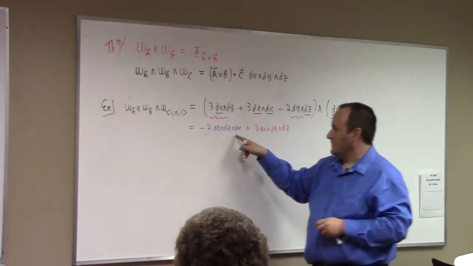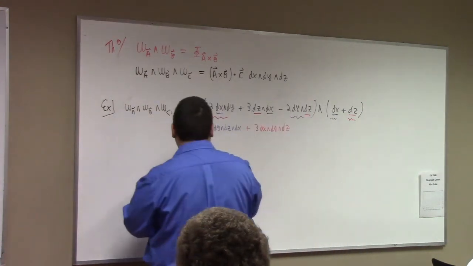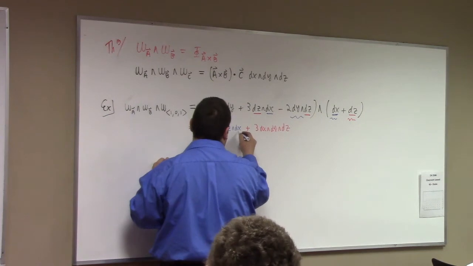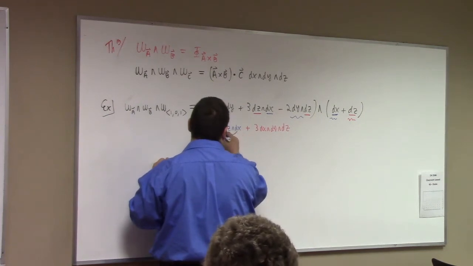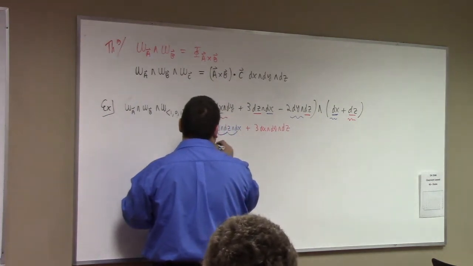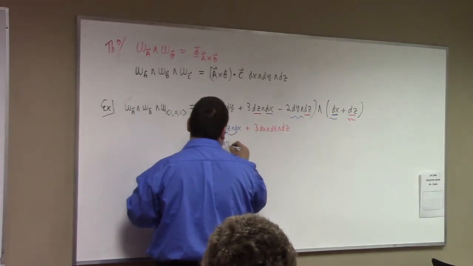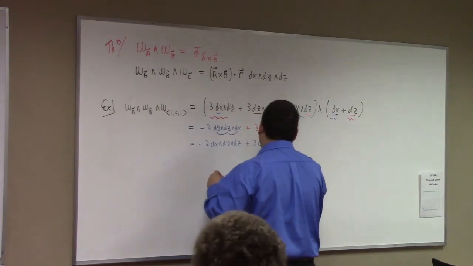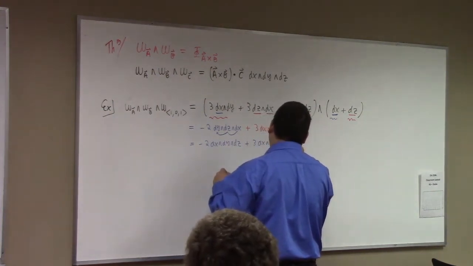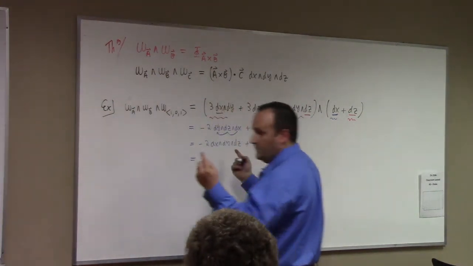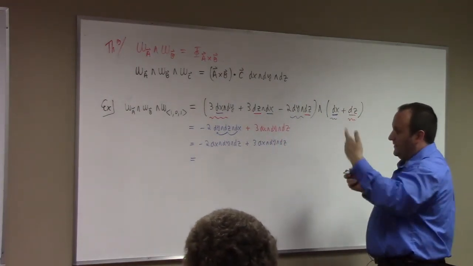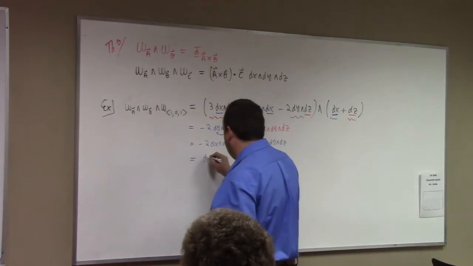What do I do? I can flip this over here and then over there. So that's actually minus 2 dx wedge dy wedge dz. It doesn't change the sign because I did two flips to get to that. And what do I got? I've got just dx wedge dy wedge dz.